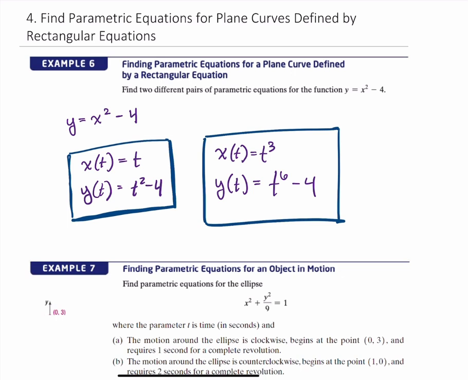We couldn't use t squared because t squared would not allow us to have any negative values of x. But if we look at just the graph of this original equation, it's some upward-facing parabola shifted down 4 units. So something like this. So we need to be able to have negative x values.